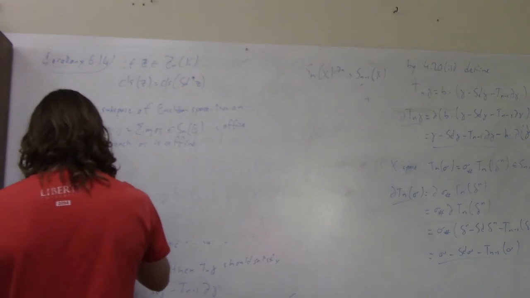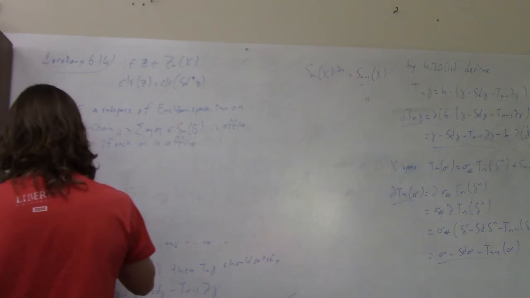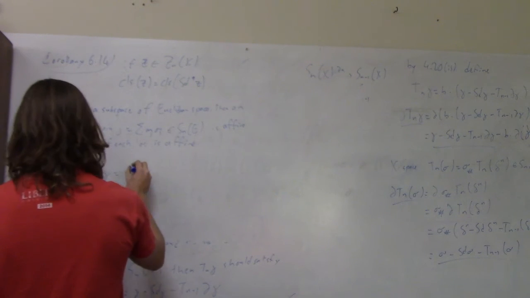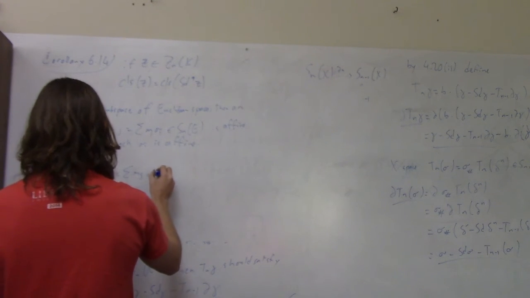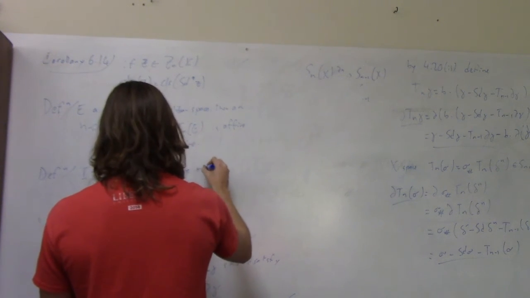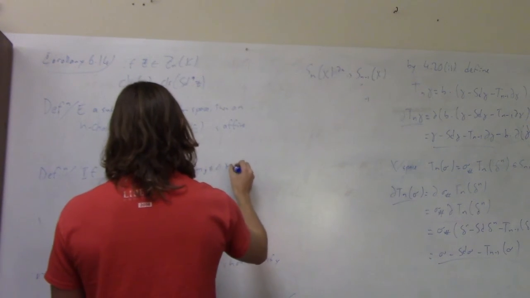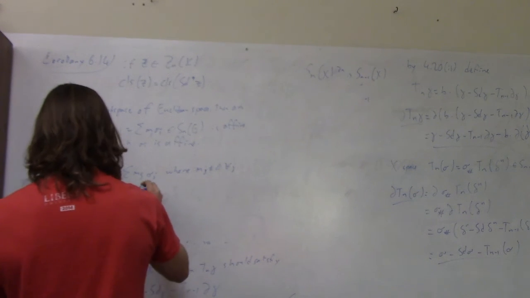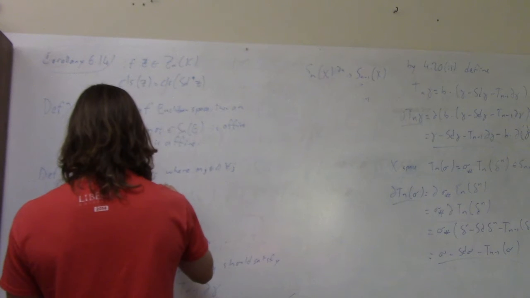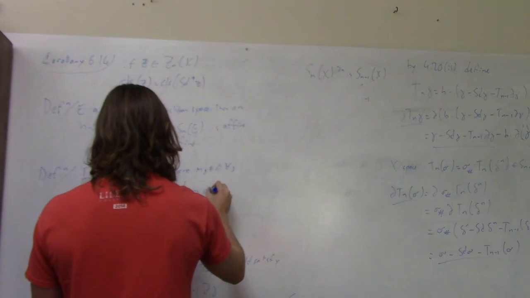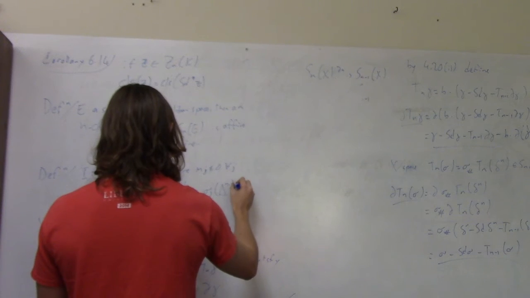Then we have another definition, the mesh. For a subspace of a Euclidean space, if gamma is equal to the sum of mj sigma j, where all the mj are different from 0, then we define the mesh of gamma to be equal to the supremum over j of the diameter of sigma j of delta n.